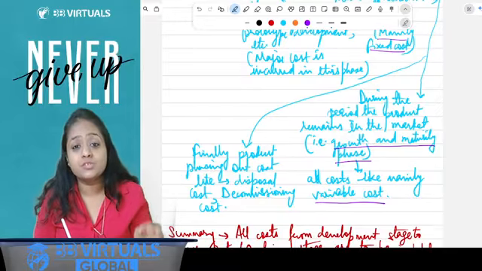So let me quickly take up the 4 values that are tested in your exam and that you need to know from target costing. Number 1, use value. Use value means simply the product's ability to perform multiple functions. One product can be used for multiple uses and that is its use value. Exchange value is the value at which the product can be exchanged. That is simply its market value, its market worth. Cost value is simply the cost to manufacture the product, to make it ready for sale.